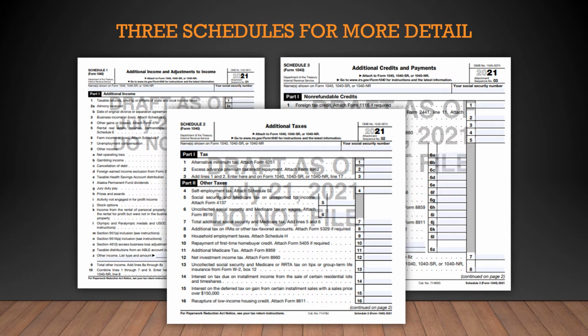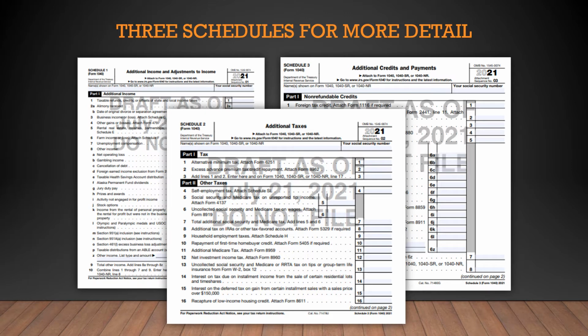It is important to know, though, that page 1 and page 2 of the 1040 are not all there is. There are several lines that refer to other schedules. We have 3 main schedules: Schedule 1, Schedule 2, and Schedule 3. Schedule 1 covers additional income and adjustments to income.